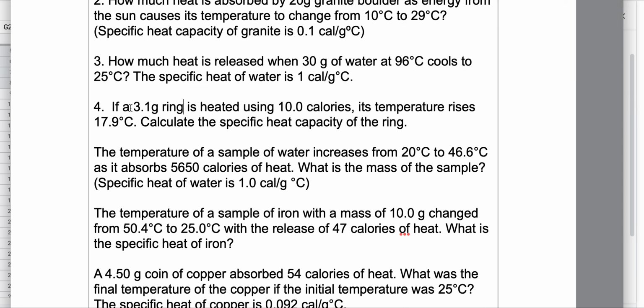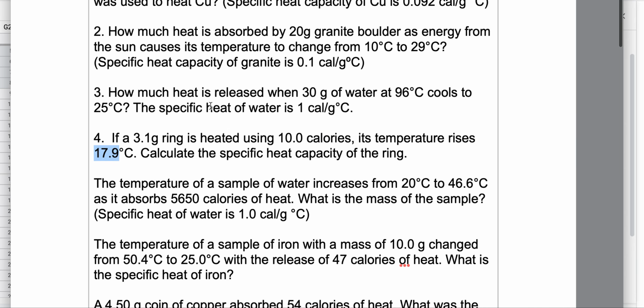This time it says right here, you have a 3.1 gram ring, that's your mass. It is heated using 10 calories. That is heat. Calories is another unit for heat and energy, like joules. That is your heat. And its temperature rises 17.9 degrees.